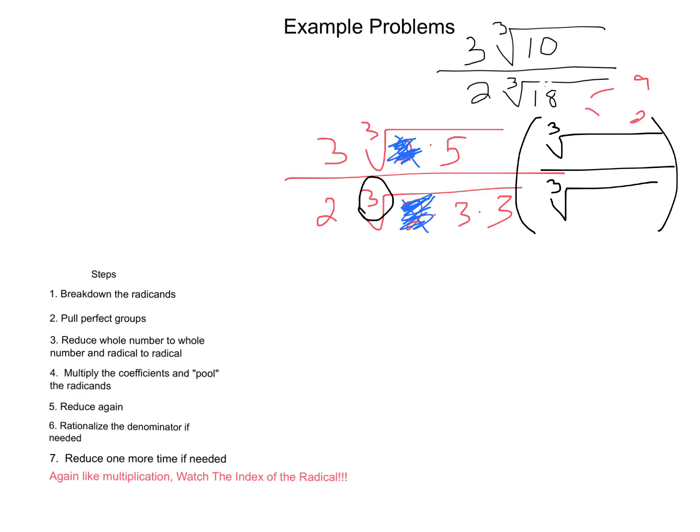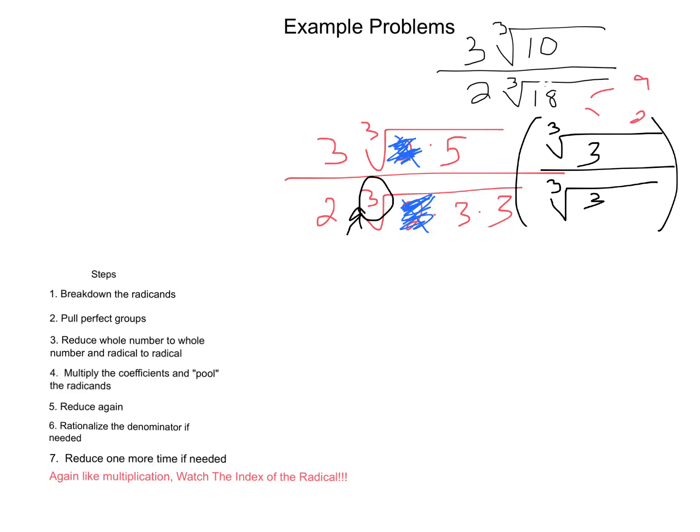Think in terms of completing a perfect group. Now here, I've got 1, 2 3s. So I would need one more 3 to complete my perfect group, because I'm working in sets of 3 according to the index. So what happens in the bottom now happens to the top.